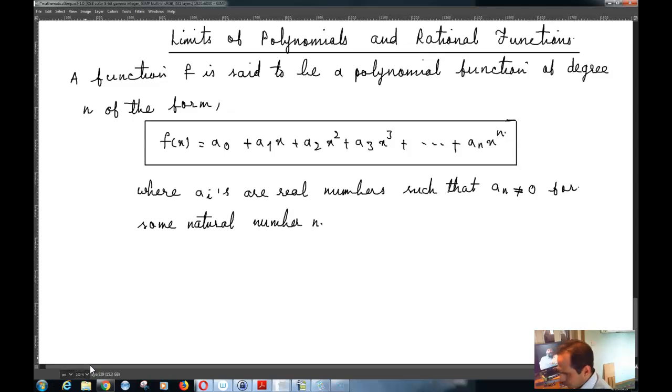Okay, so now our goal is to find the limit of this polynomial function.